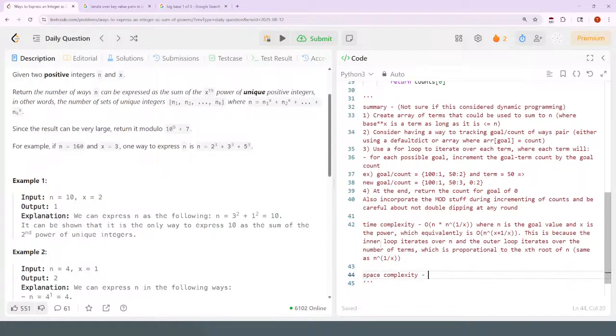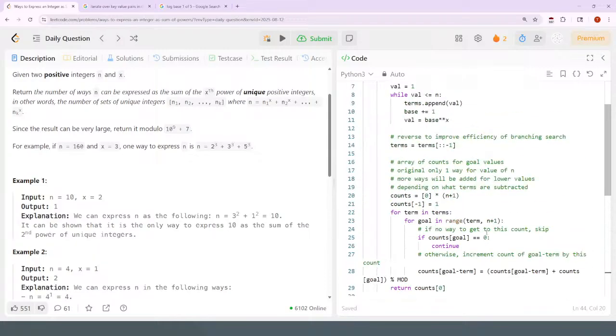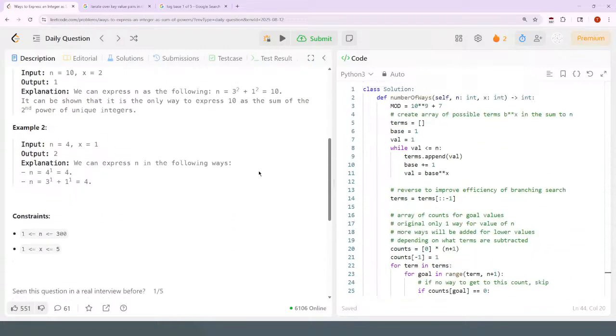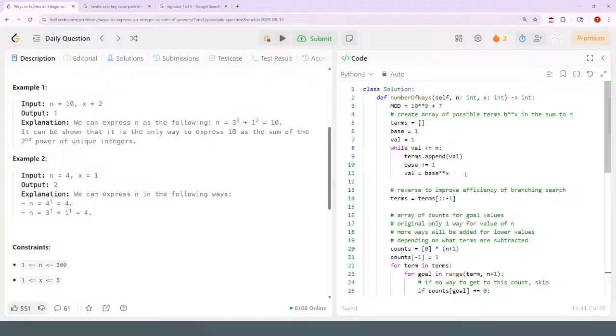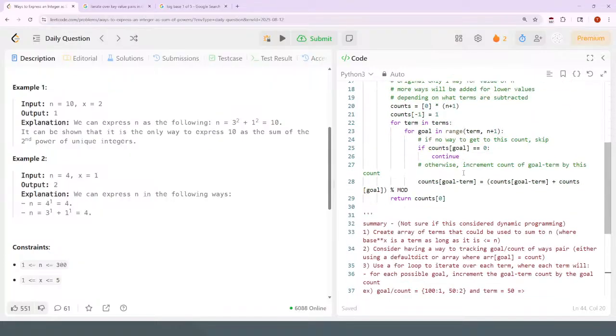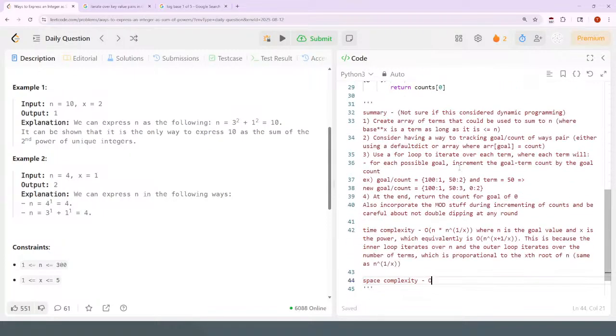Space complexity, this is going to be O of n, with the counts array.